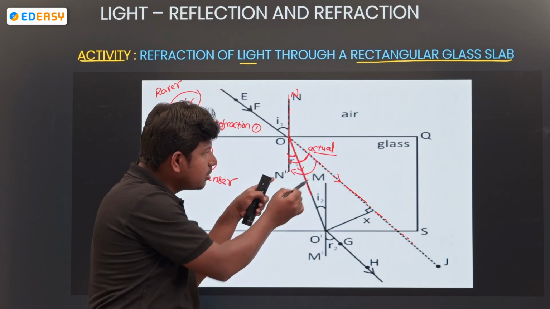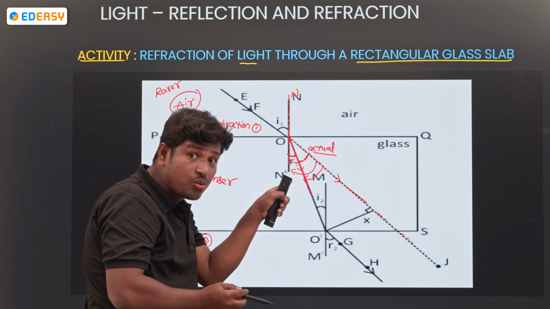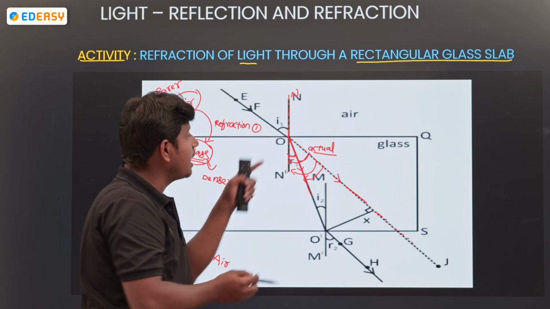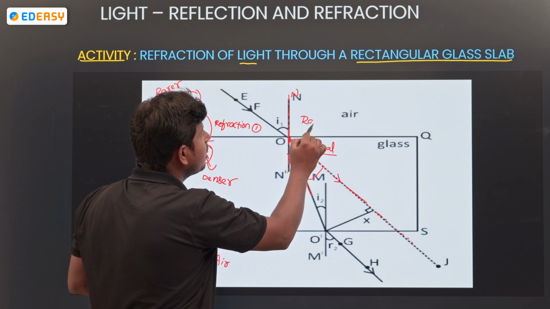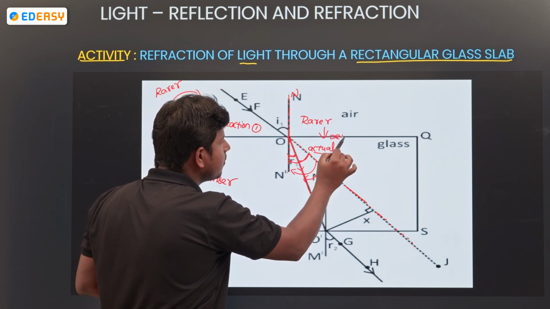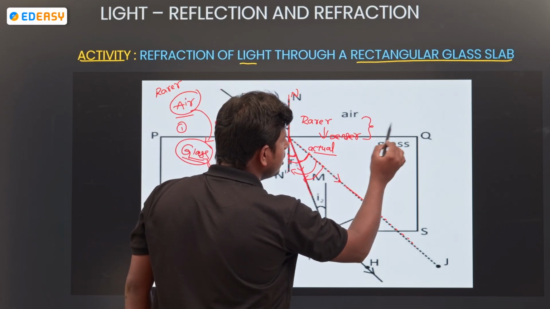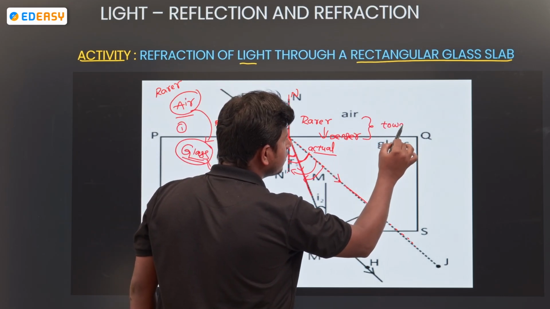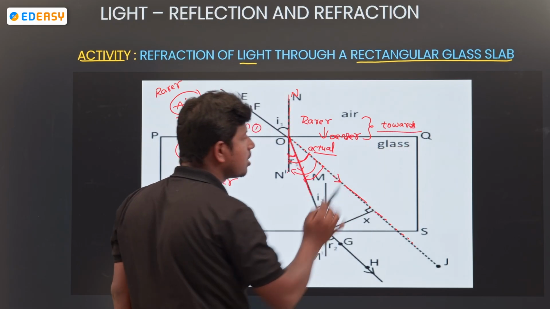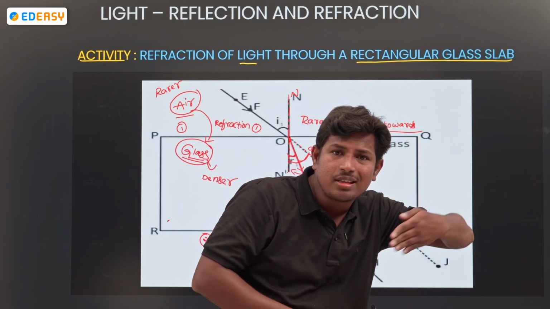Why towards the normal? Because light travels from rarer to denser. Remember, when light travels from rarer to denser, it is towards the normal.